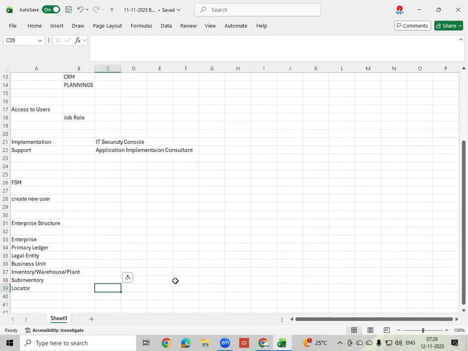So here, the proper way they maintain stock in a sub inventory is the locator. You know the advantages of why they maintain such a physical structure.